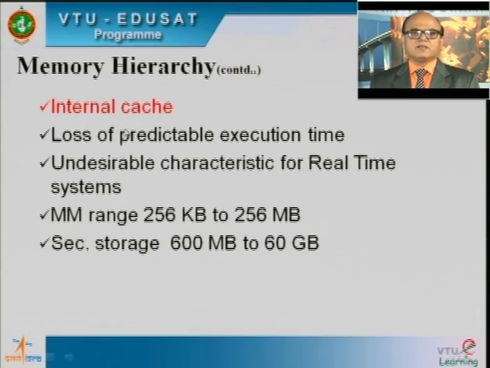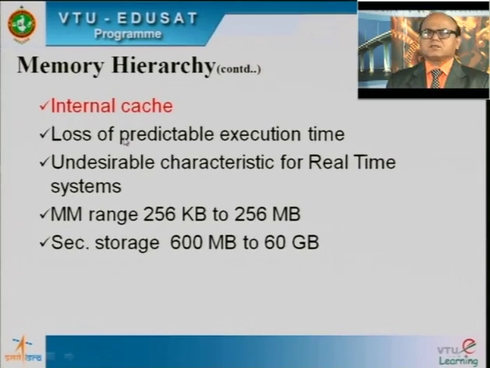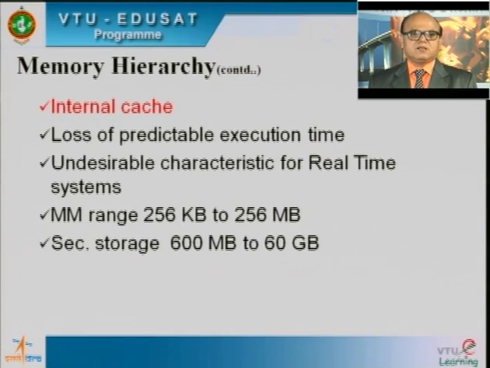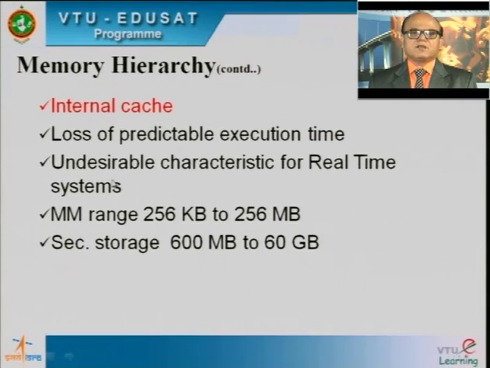Therefore, it is difficult to predict the execution time in the presence of an internal cache. Since the execution time becomes unpredictable, this is a highly undesirable characteristic for real-time embedded systems.